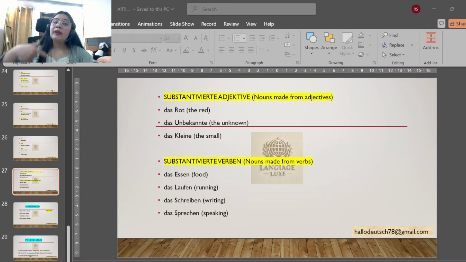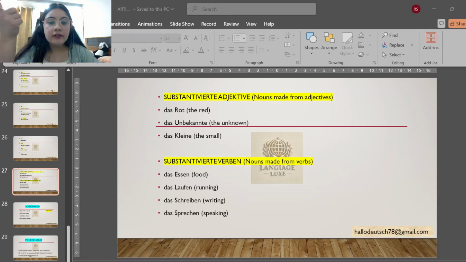But if we want to make this adjective into a noun, we add das. Das Unbekannte means the unknown. Similarly, klein means small. Das Kleine. When we add das, then it becomes a noun.